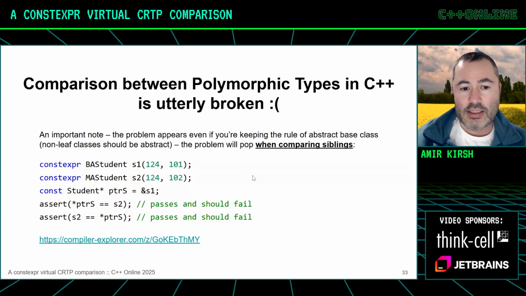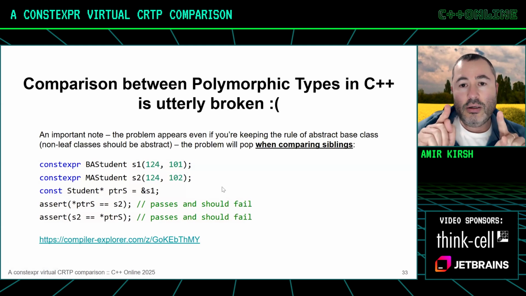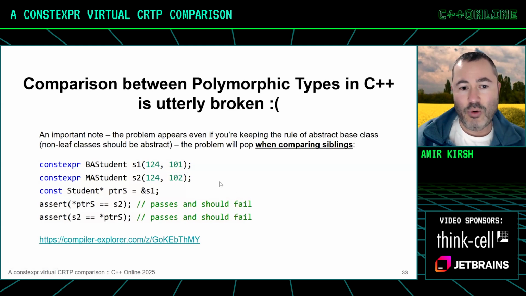I can show you in this example that even if we have a BA student and an MA student, a bachelor's and a master's, and we have a student pointer, the base class can still point. Let's assume that the base class is abstract. I can still call assert on both, and they can still both pass and call the wrong equality, okay?